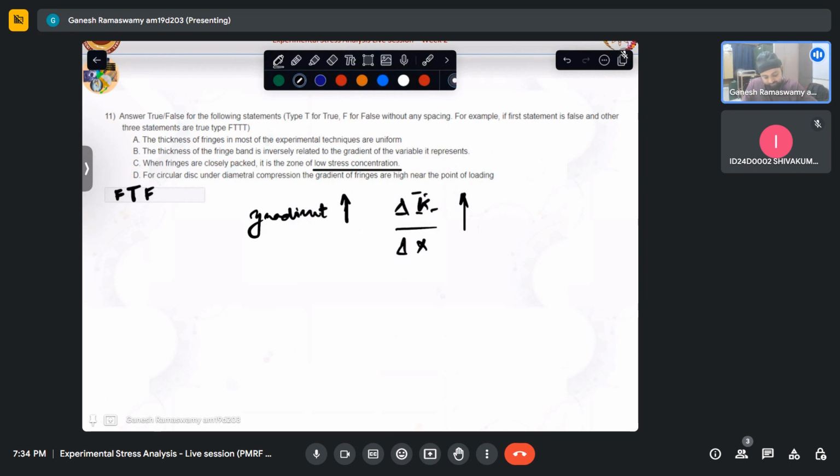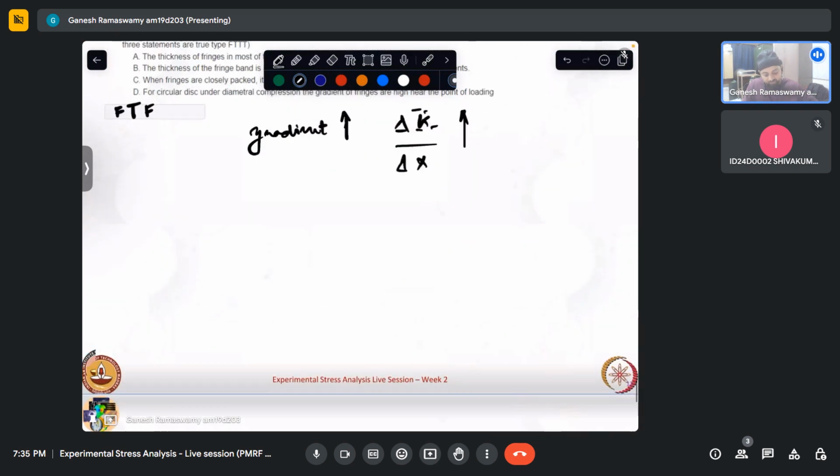For a circular disk under diametral compression, the gradient of fringes is higher near the points of loading.